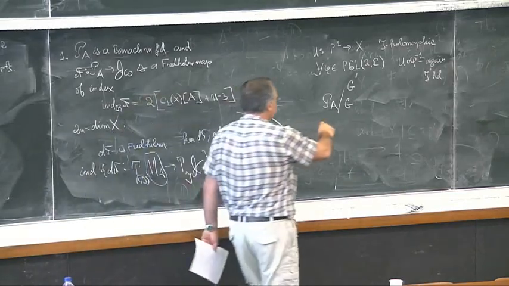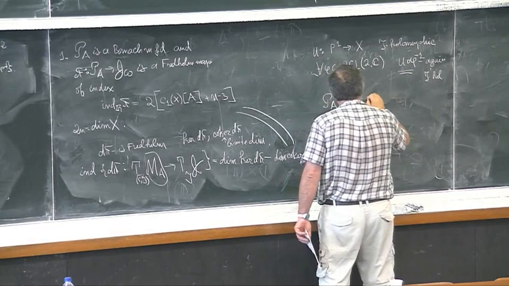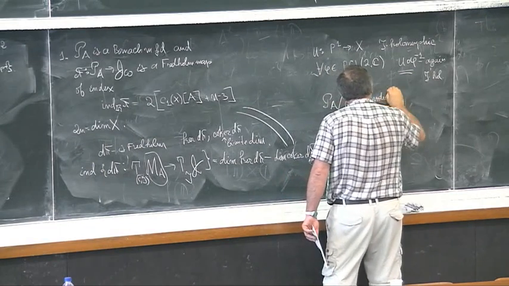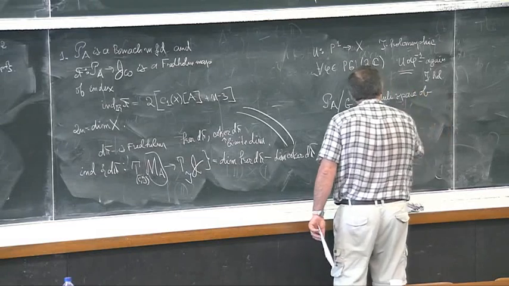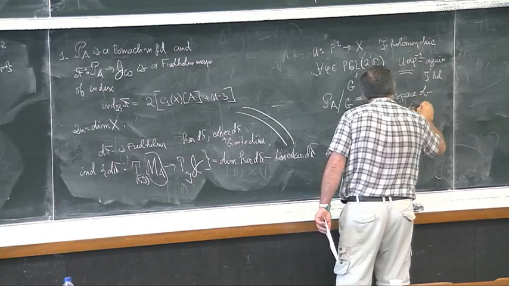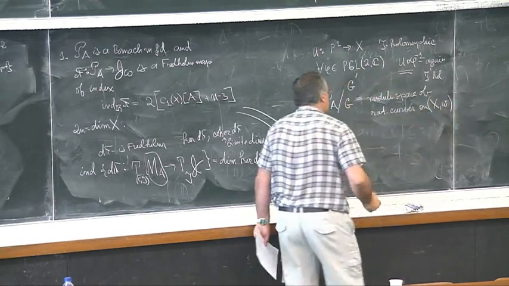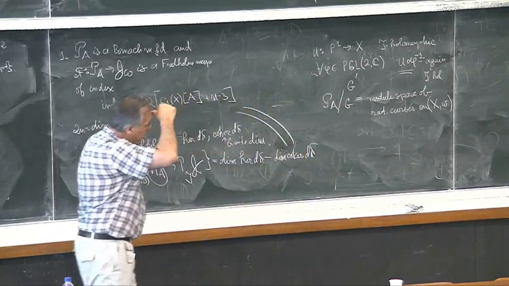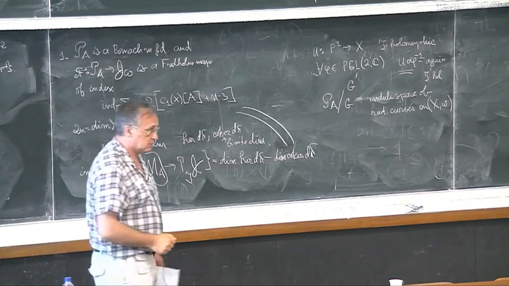And now this is a moduli space of rational curves on X, omega. Rational curves meaning that they are J complex curves for some tamed almost complex structure.